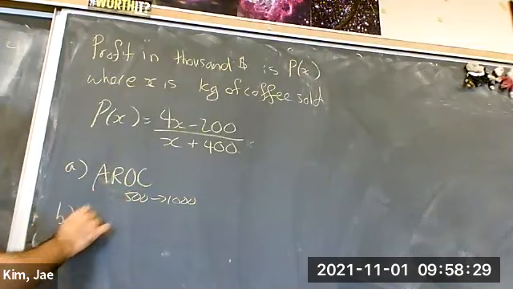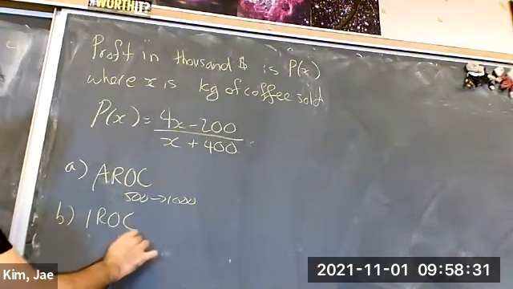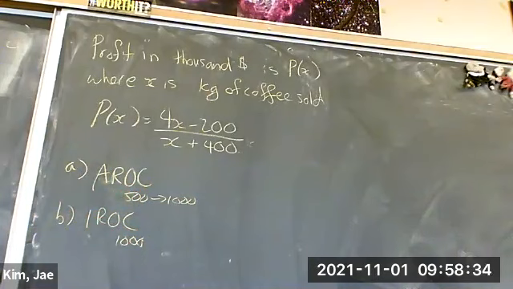And then part B, how about we do IROC? What is the increase in profit at 1,000?